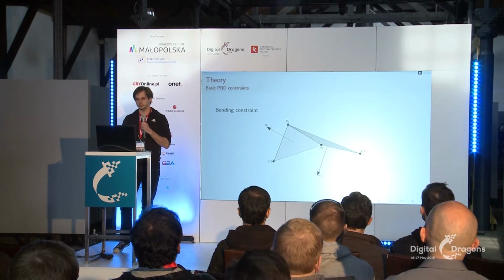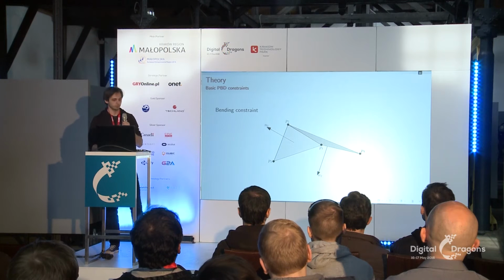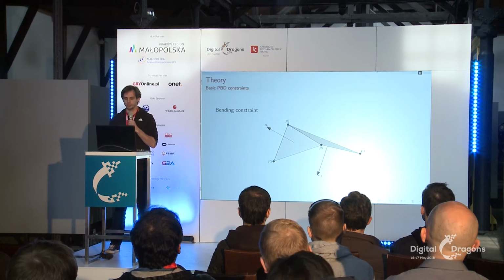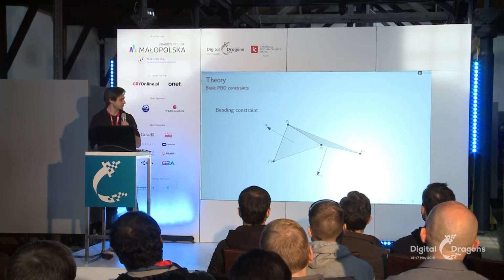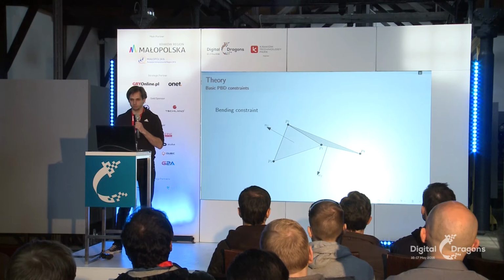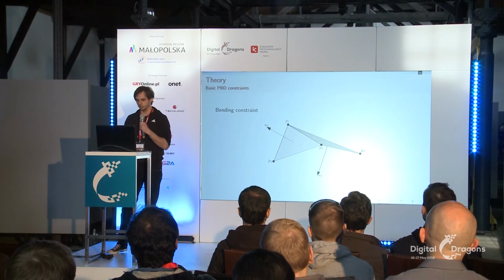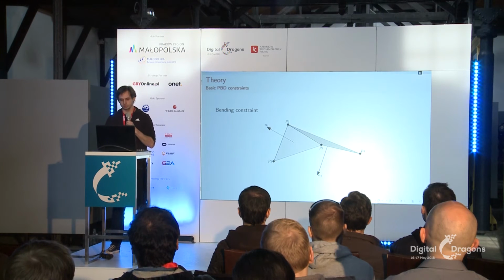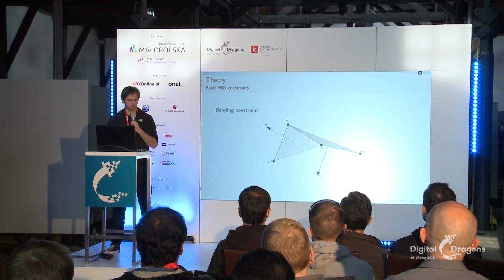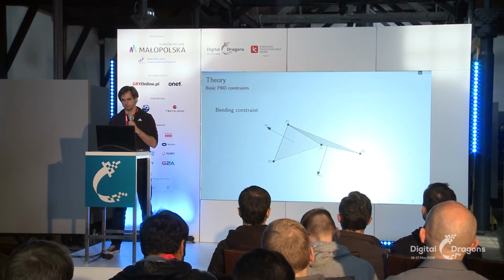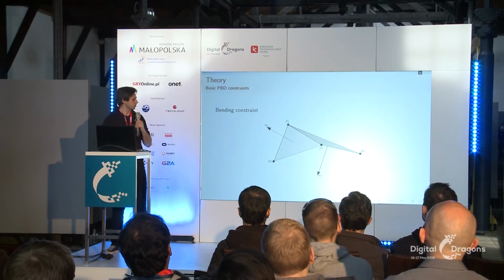Next is the bending constraint. Here we have 4 particles forming 2 triangles with one common edge, and before simulation we need to compute our reference angle. To do that, we compute the normal vectors of those triangles, and the angle between the normal vectors is our reference angle. During simulation we recompute this angle, our current angle, and here we have 2 options.